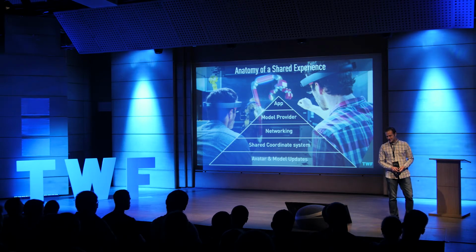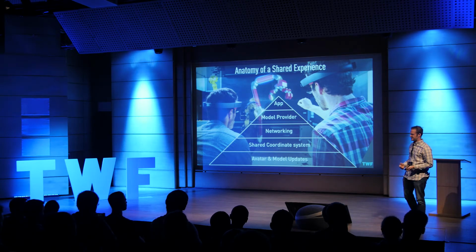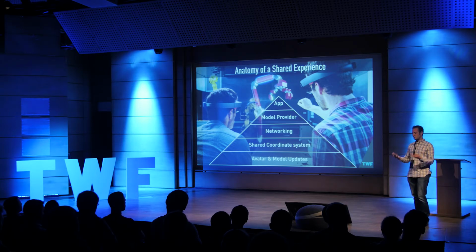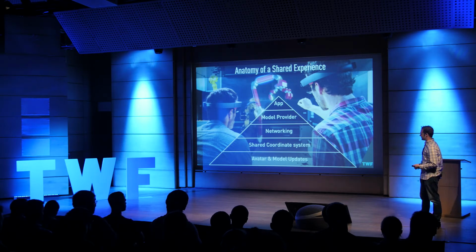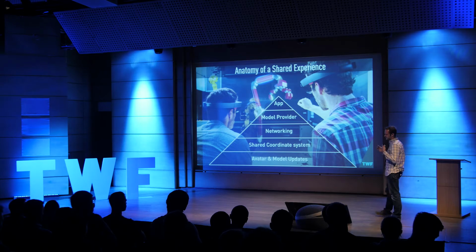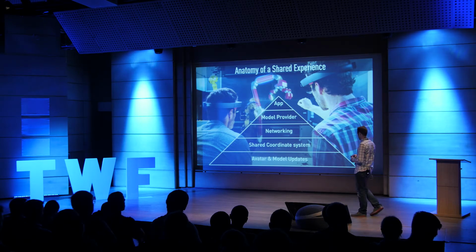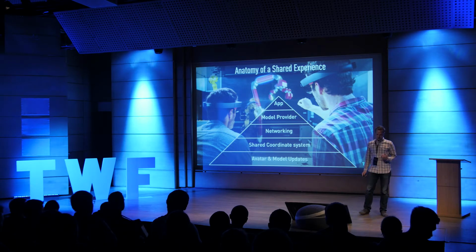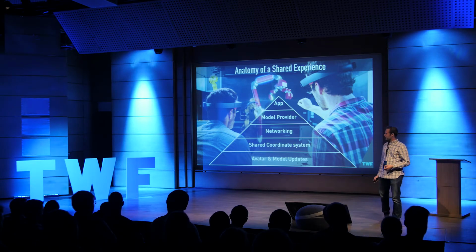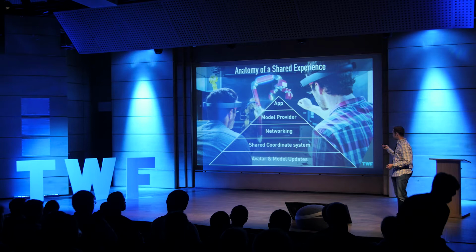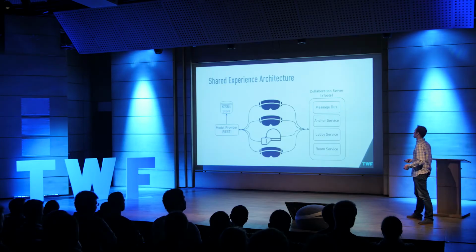But what we found is that in a lot of real applications, there's a need to load models at runtime because otherwise, your application is just very static. So we're going to talk a little bit about model providing, and then obviously you need networking support. The device has great Wi-Fi, so that helps with that, and then shared coordinates, and then avatars.